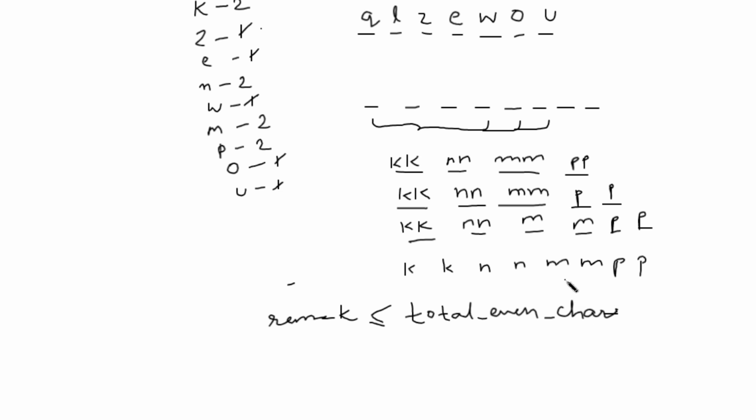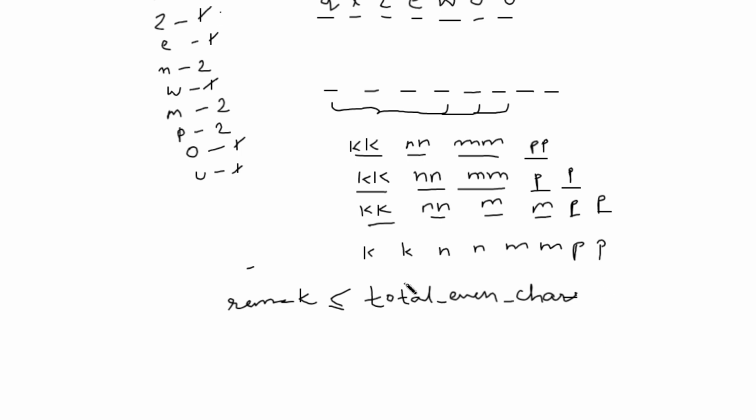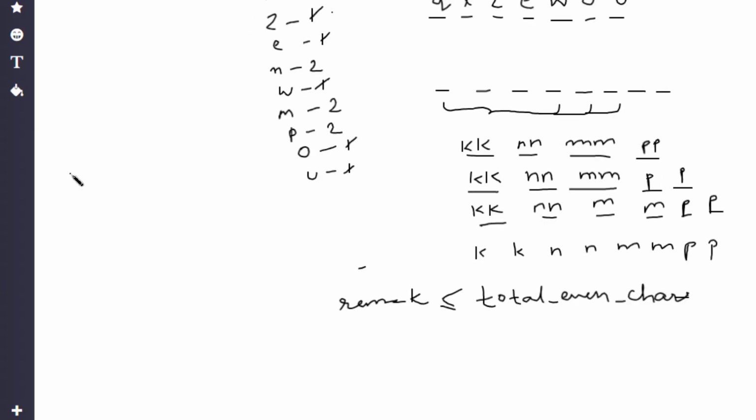Like we can always fill this remaining k with these even characters, and we will always have all palindromic strings here. But if the remaining k was greater than this, then at max we could do this, and after that we cannot fill the positions of the remaining k. So in that case we will return false.